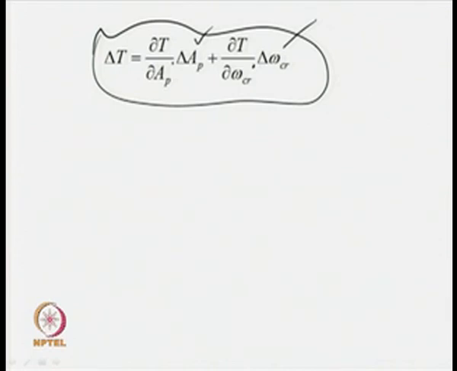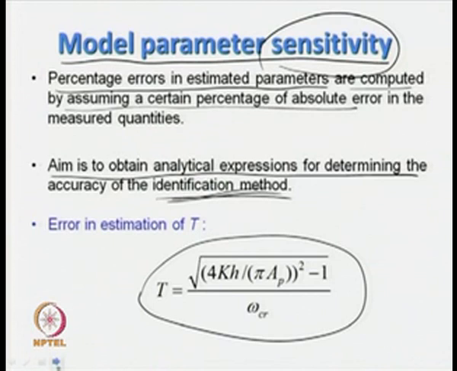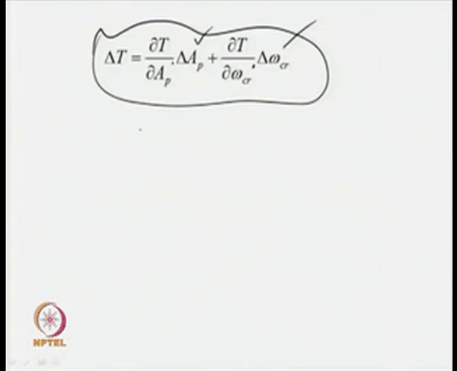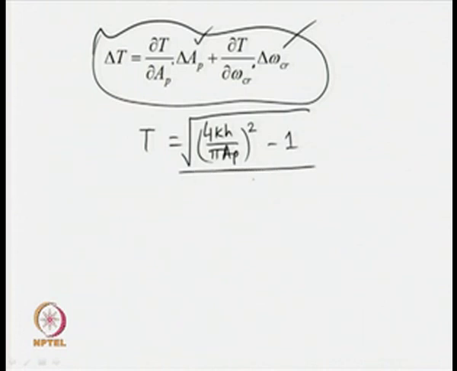Okay. So, let us find analytical expressions for delta T now. Now, we know that T is equal to root of 4 k h divided by pi a p whole square minus 1 upon omega c r. To find the changes in or delta T, I need to find two partial derivatives.